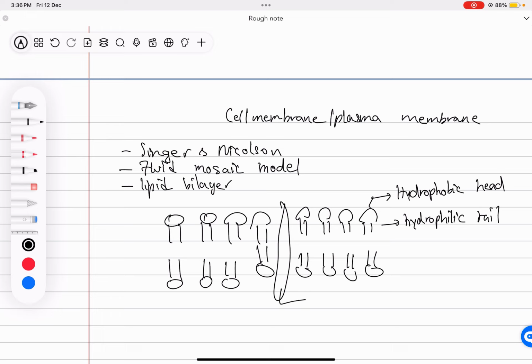And then this is called the transmembrane protein. The transmembrane protein goes through the entire lipid bilayer, and we have some peripheral protein over here which is situated in the periphery.